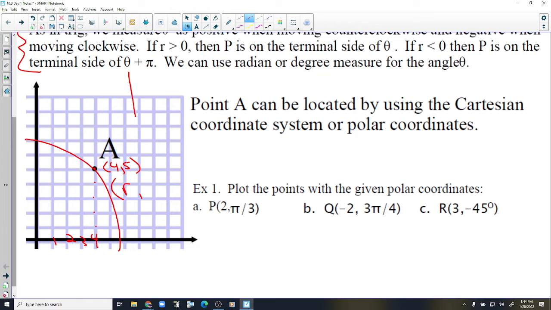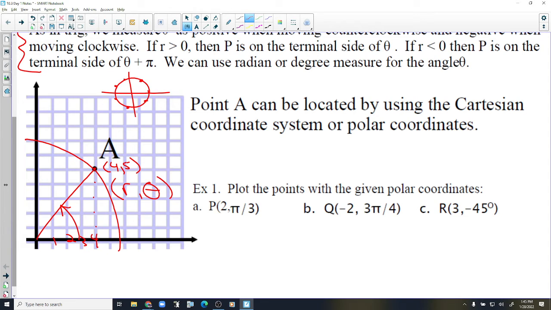But if we just say it's on a circle, that doesn't pin it down. We know it's up here, but if it's just on a circle, it could be anywhere. Now if we say it's on a circle with this angle, that becomes a unique point. There's no other point with that radius and that angle.